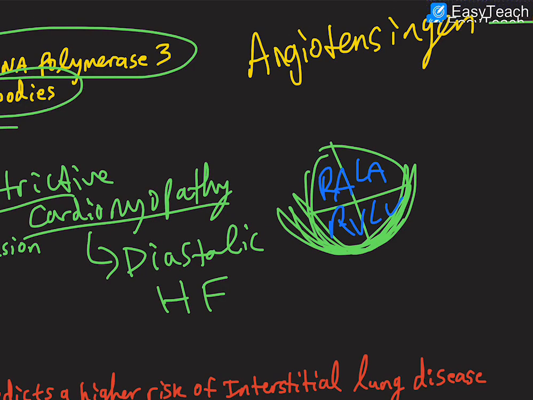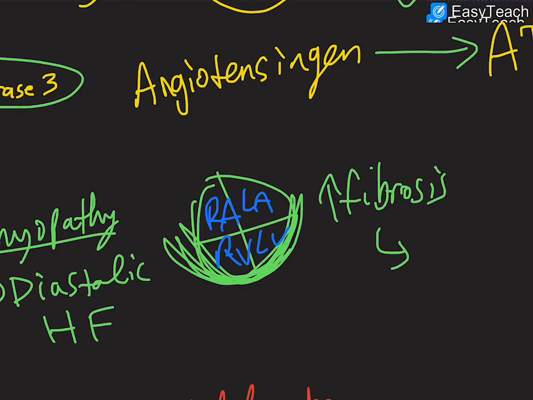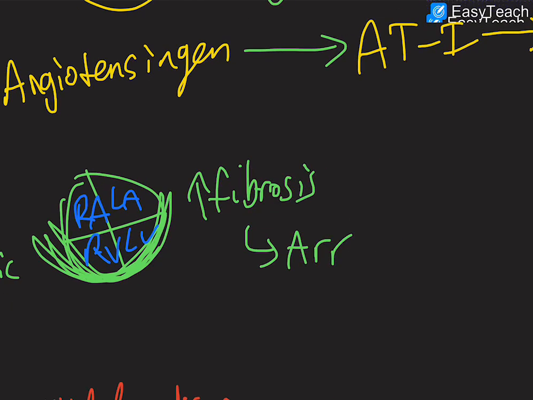And also remember, what does fibrosis do in your myocardium? Increased fibrosis puts you at a risk of arrhythmias. If you think about this, if your myocardium is fibrosed, your heart can't fill properly with blood, so where is blood going to go? It's going to go back.